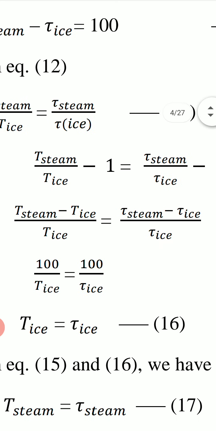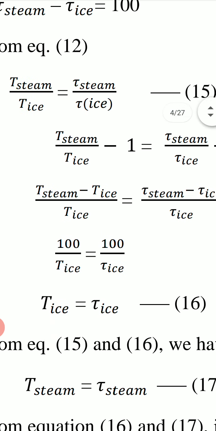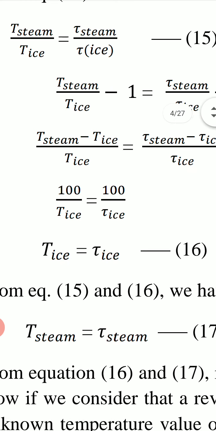So we put this numerator equal to 100 on both sides. We get 100 upon T ice equal to 100 upon tau ice. 100 cancels out and we get T ice equal to tau ice.